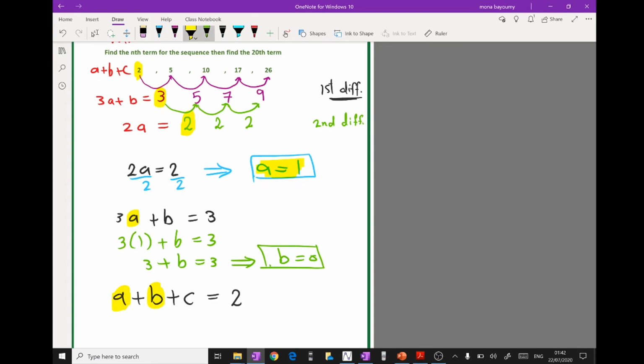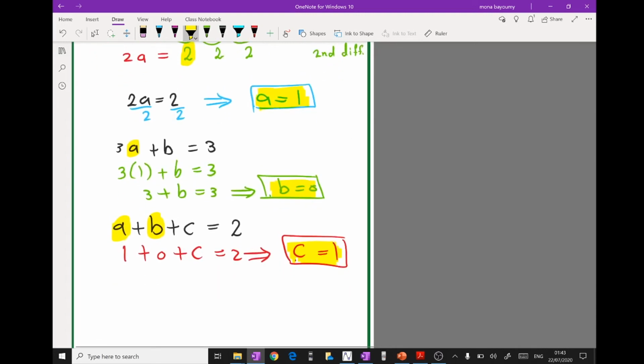So I will write the new equation, which is 1 plus 0 plus c equals 2. This means c equals 1. Now I found the three constants. a equals 1, b equals 0, c equals 1.